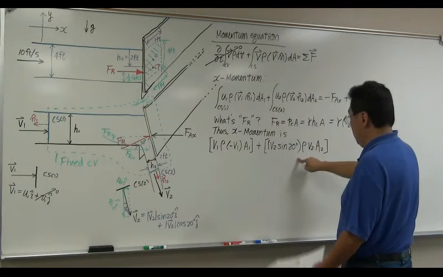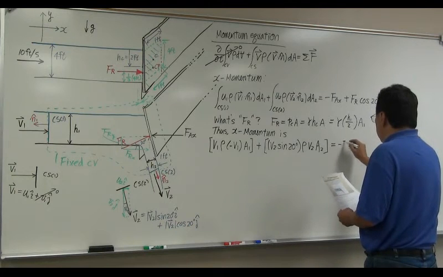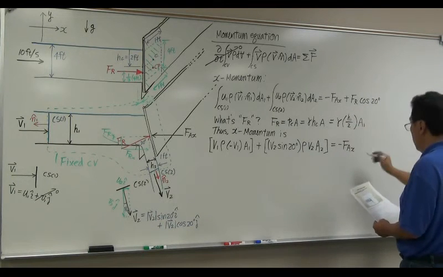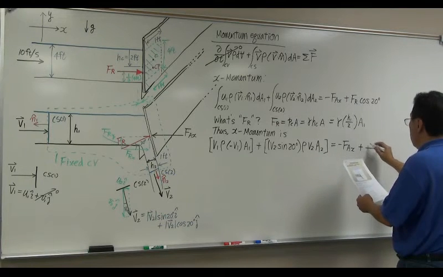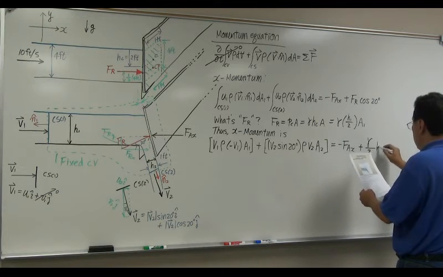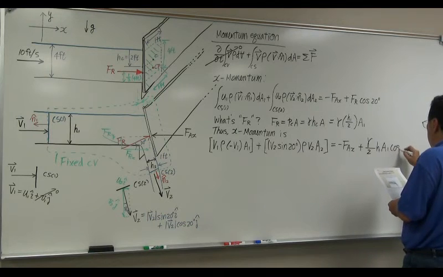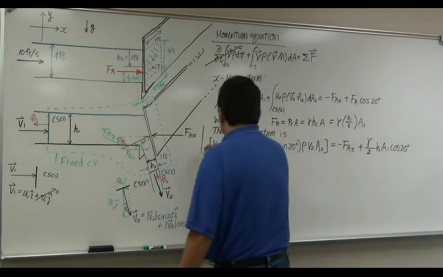That's this. Okay? Must be equal to minus Fax plus this times cosine 20, plus gamma over 2 H1 times A1 cosine 20. So this is the x momentum equation you got.